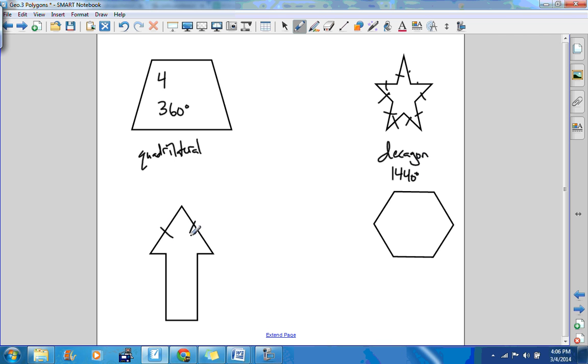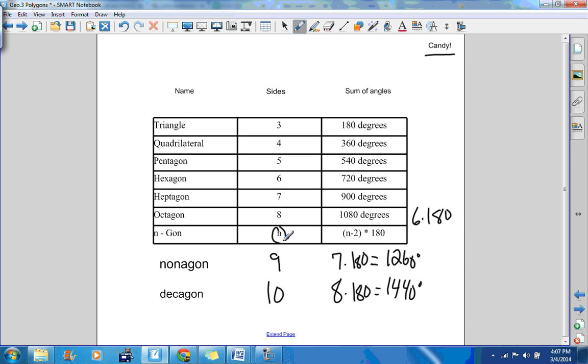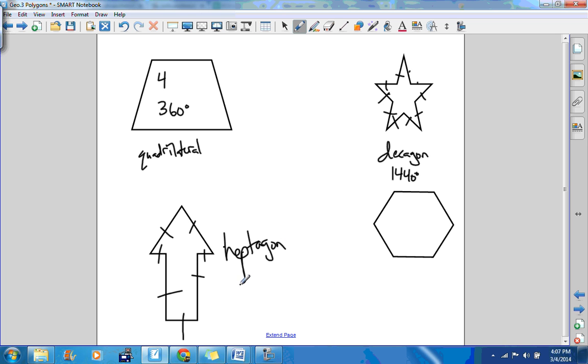This one is 1, 2, 3, 4, 5, 6, 7. 7 is a heptagon. And so that would be 5 times 180, or our table says 900 degrees. And this last one here looks to be an octagon, nope, hexagon, sorry, 6 sides.